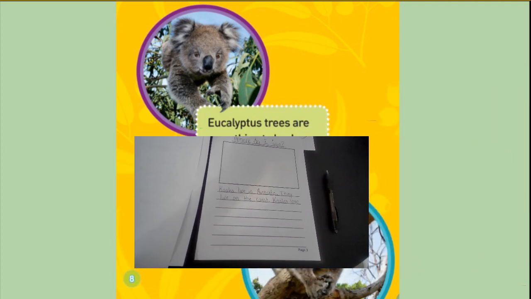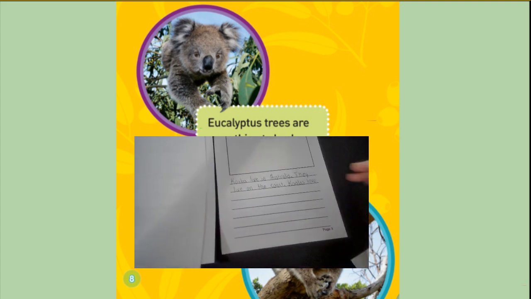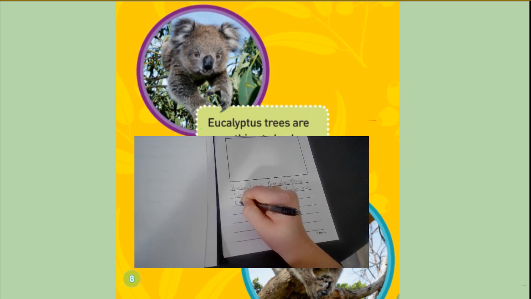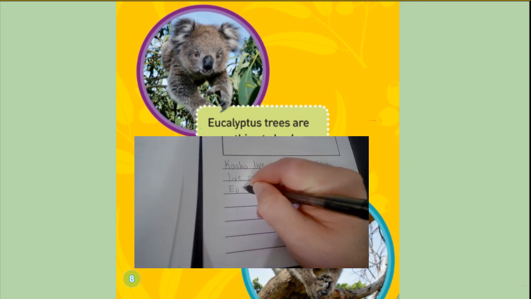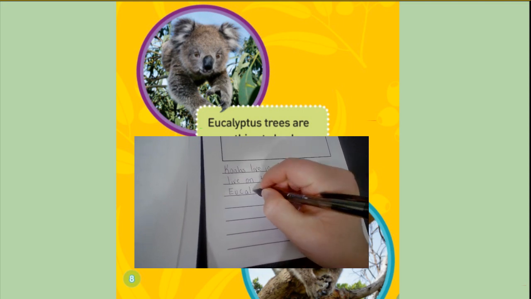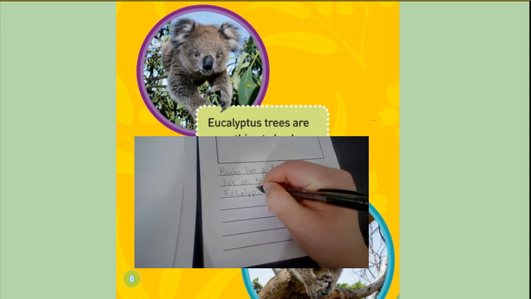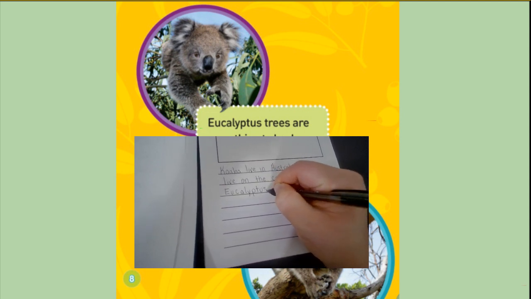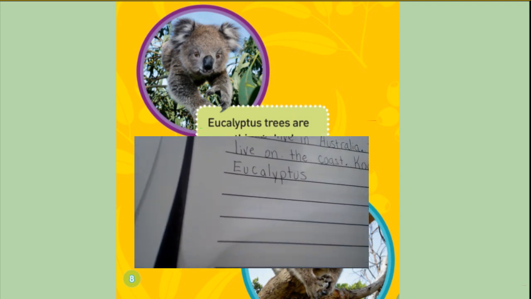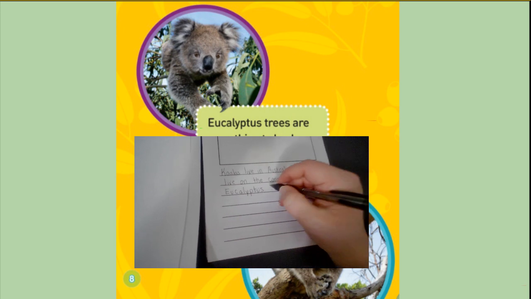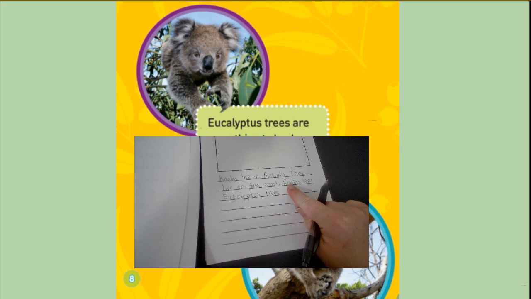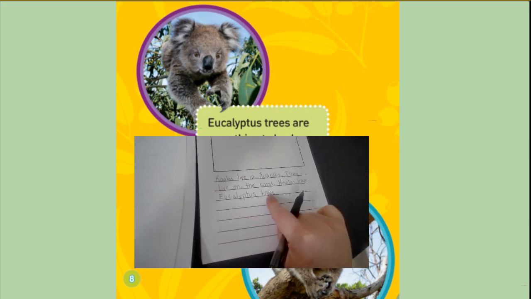Right here is how you spell it. That's a tricky spelling. Koalas love E-U-C-A-L-Y-P-T-U-S. Ooh, eucalyptus trees. Koalas love eucalyptus trees.